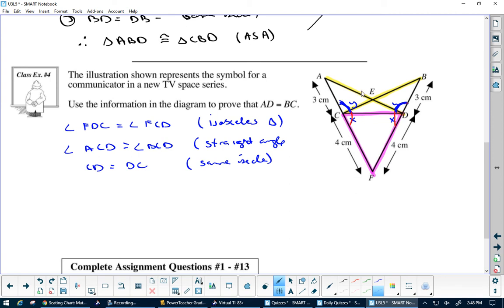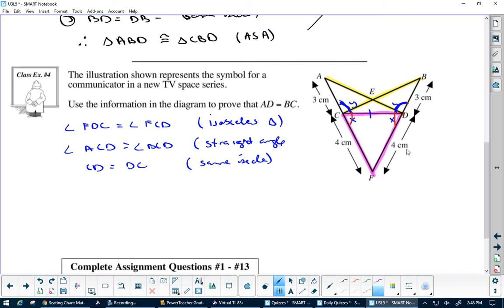Now I've proven that these are identical triangles because they share this side. So this is a y line, this is a y line. So side, angle, side. It has both side, angle, side.